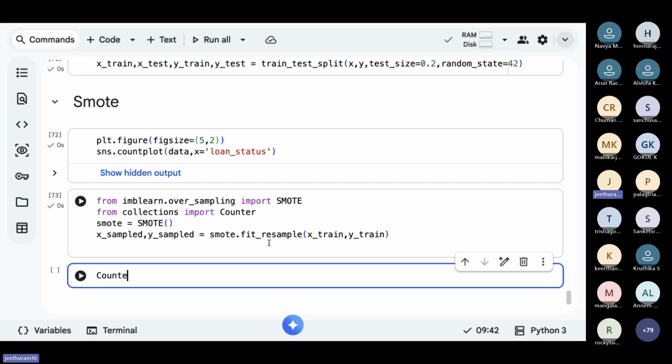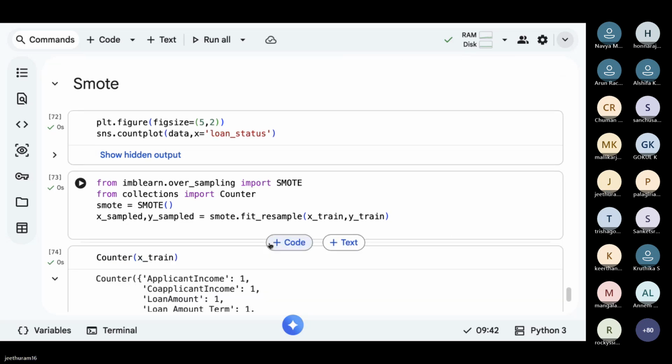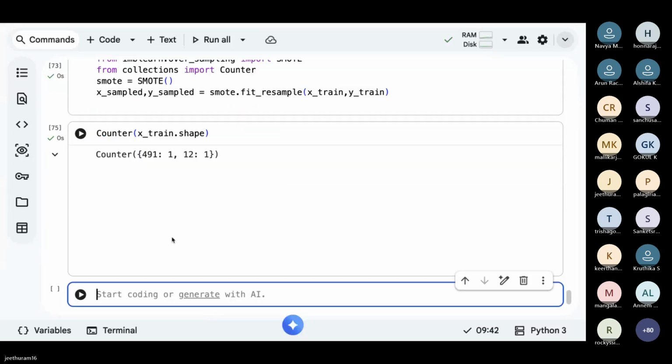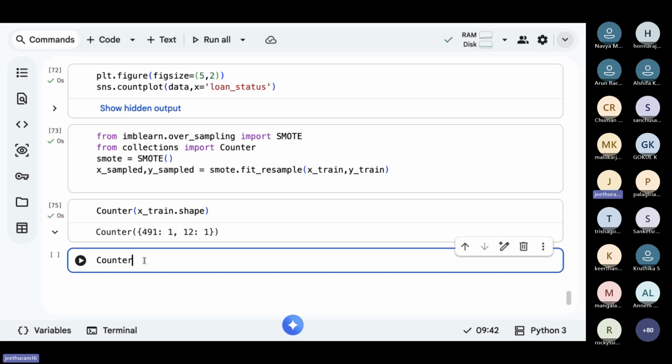Then I'll check Counter of X_train, sorry, it should be y_train.